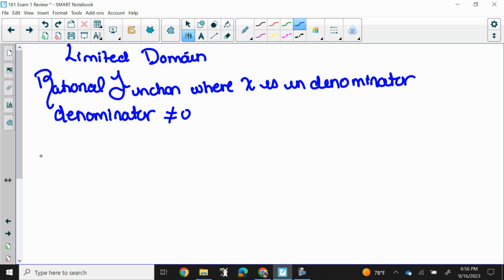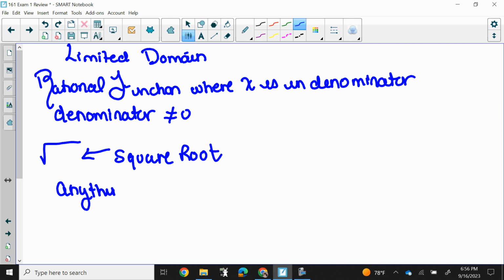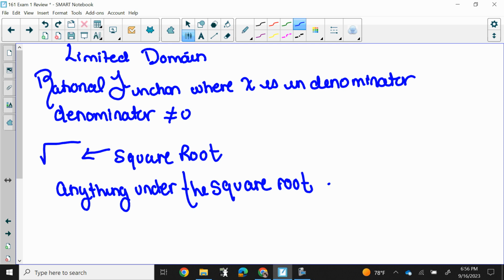And then we also have a square root function, and anything under the square root cannot be negative. Because if we take the square root of a negative number, it is an imaginary number, and we don't do domain and range through imaginary numbers.